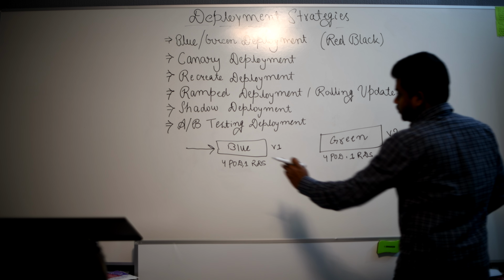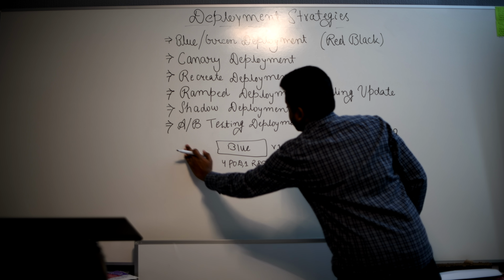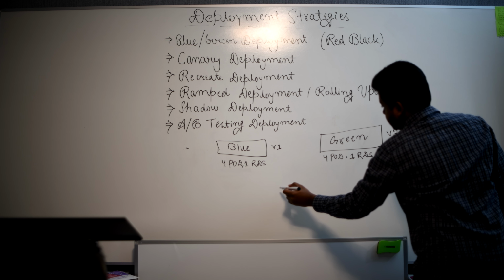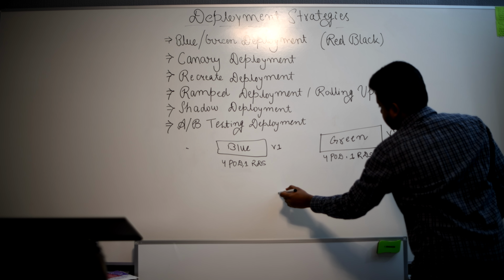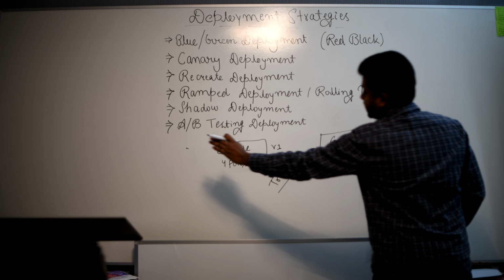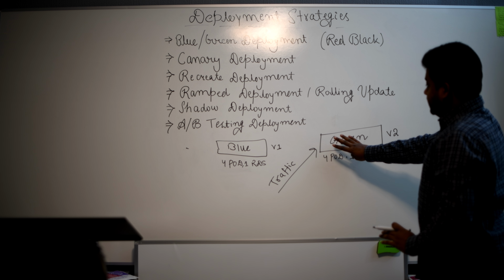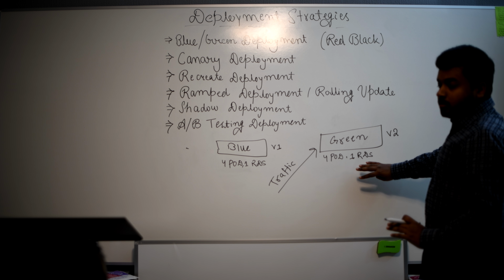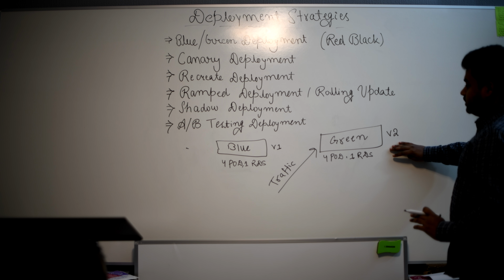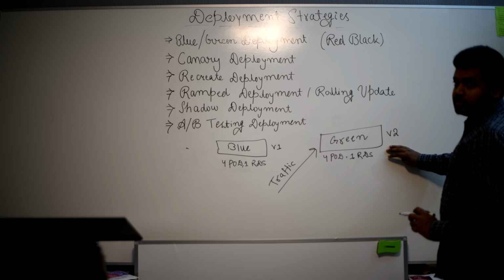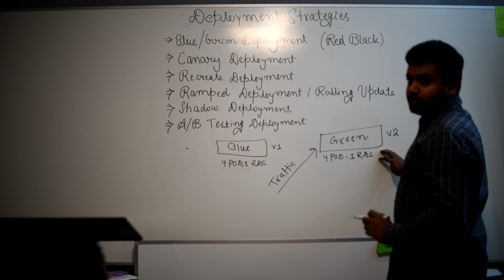So what you will do is move the entire traffic from blue to the green. This is your traffic. You have routed your entire traffic from the blue to the green. Let's say there is any problem with this V2 version, and your application or system has encountered a problem.